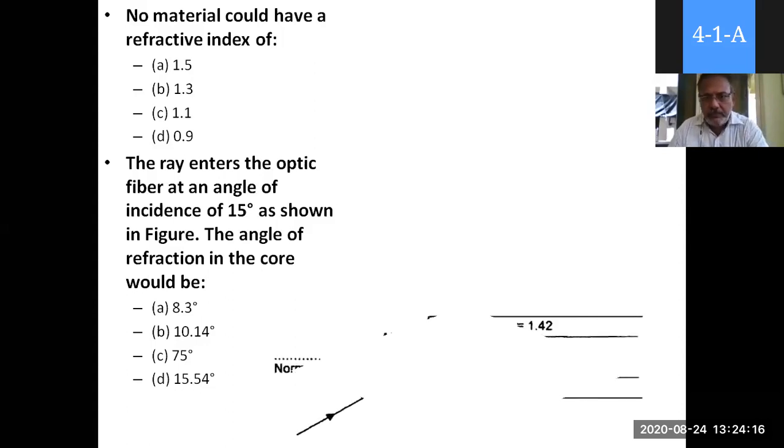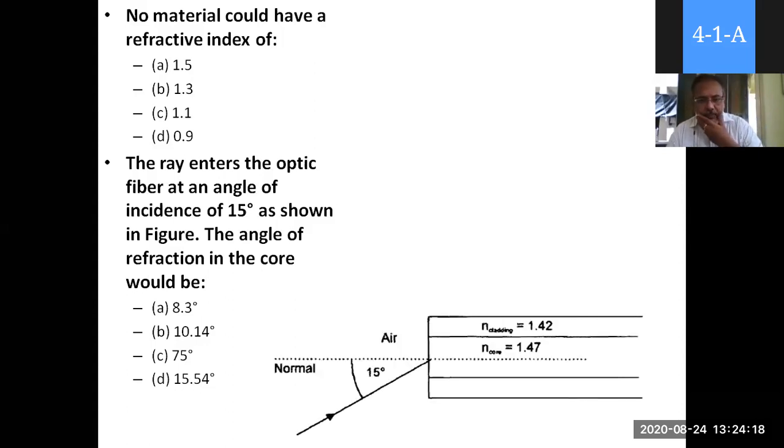So this is the figure. What is the value?